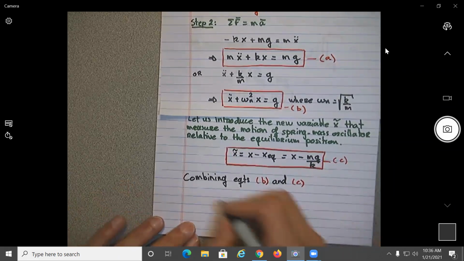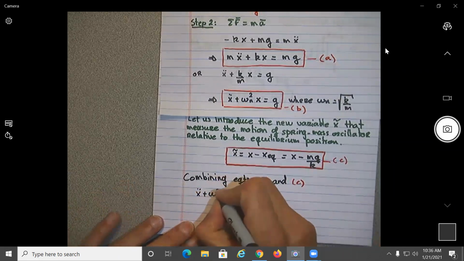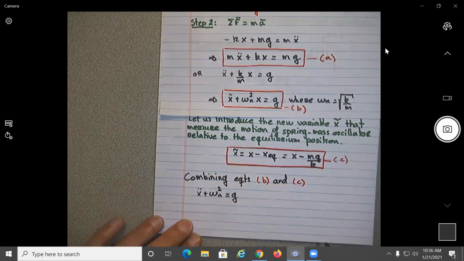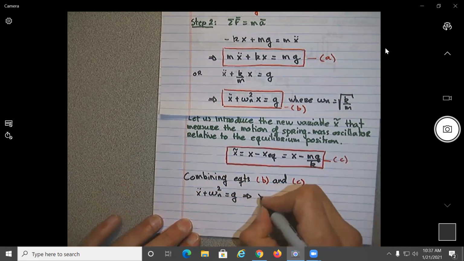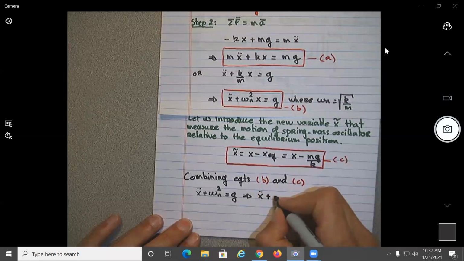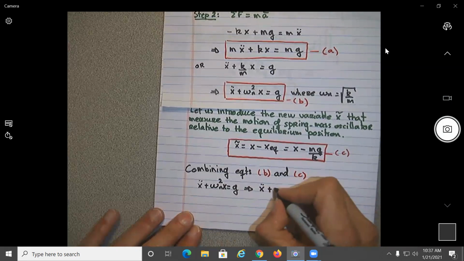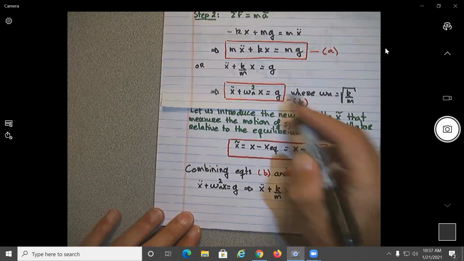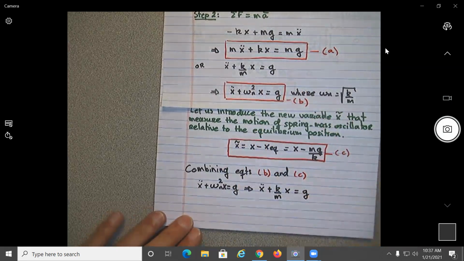Equation B was x double dot plus, oops, I forgot an x here, sorry guys, there's an x over here, plus k over m x, just rewriting this equation here, equal to g, okay?